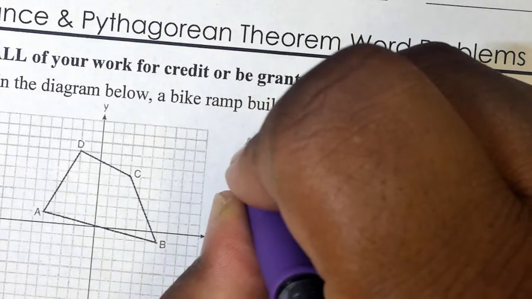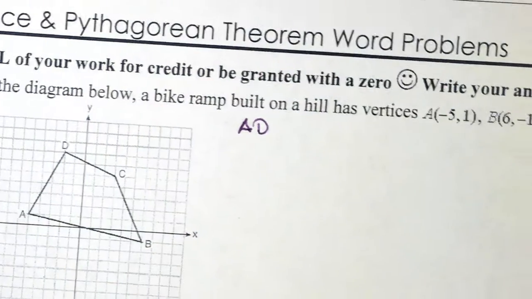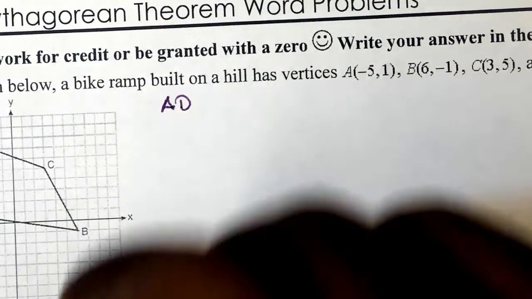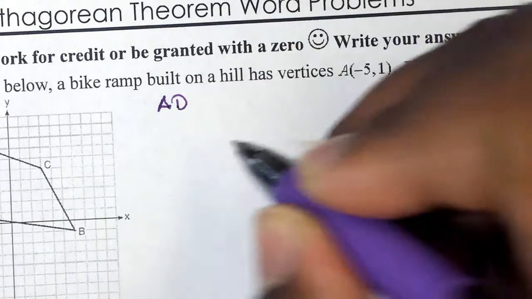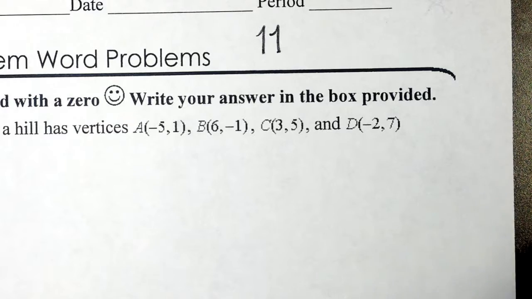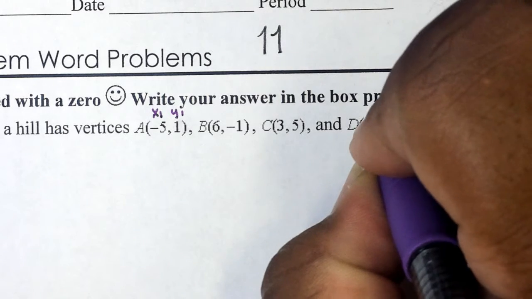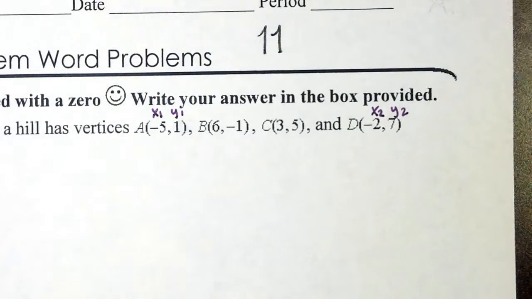So AD first, and like I said, I label stuff so I know what's going on with what. So I'm doing midpoint of AD. Those 2 points are up here already, so we can really just label them. A, I could call it X1, Y1, D, X2, Y2.